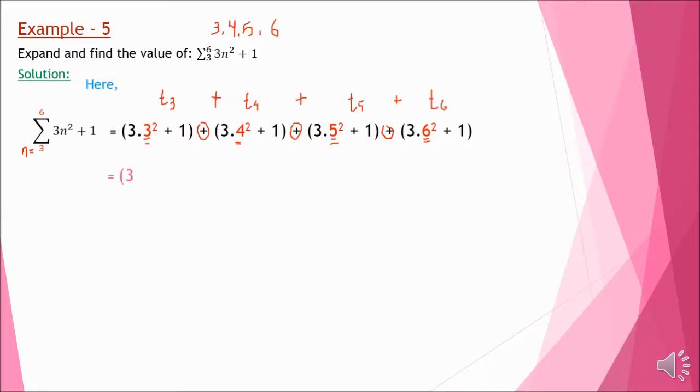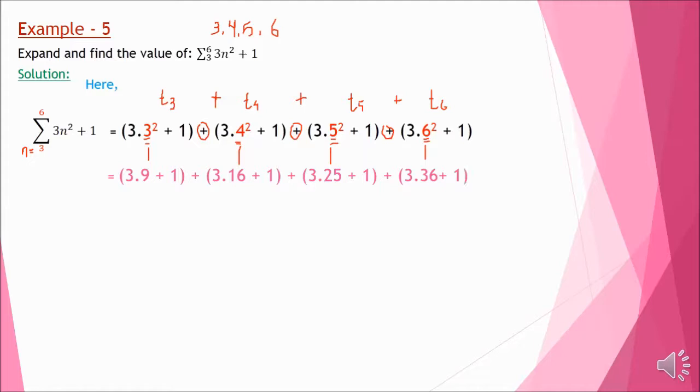Now the value, you can use your calculator. 3 times 9, because 3 squared is 9, 4 squared is 16, 5 squared is 25, and 6 squared is 36.